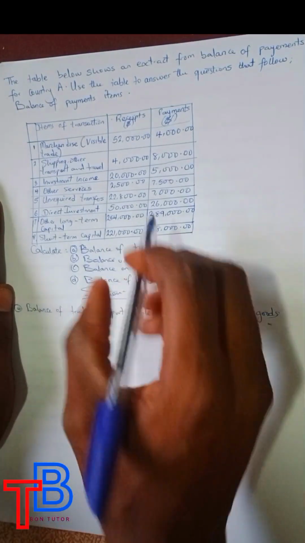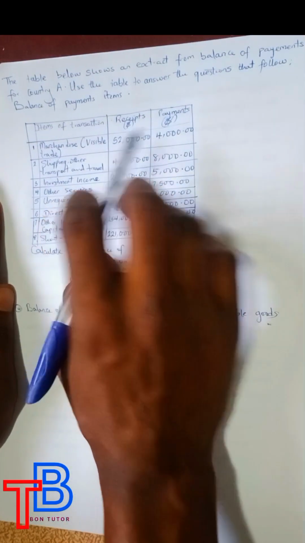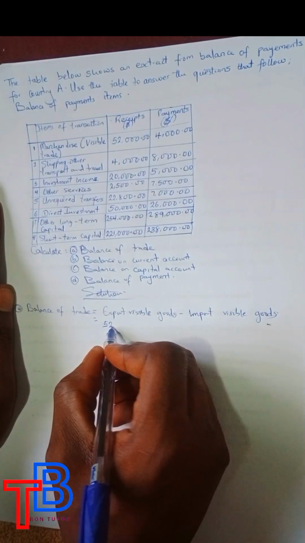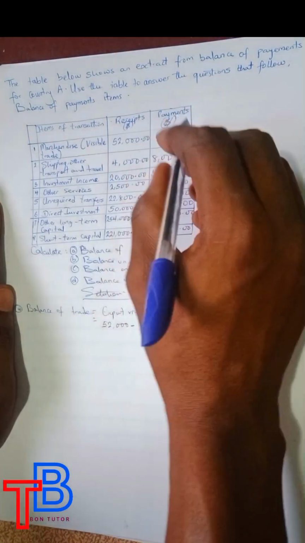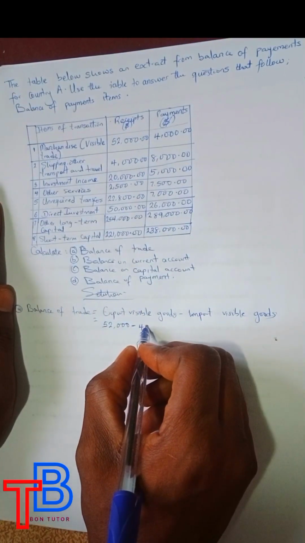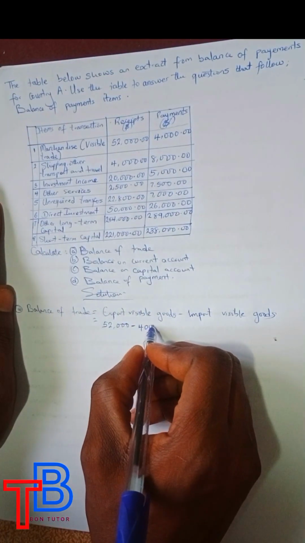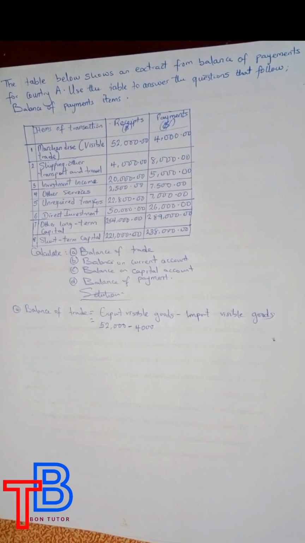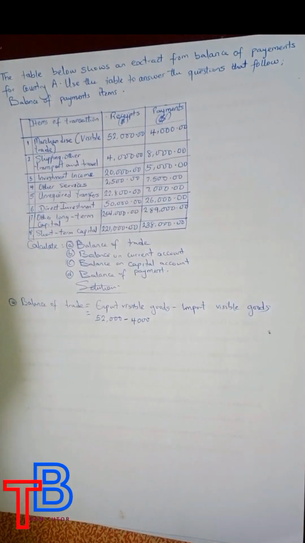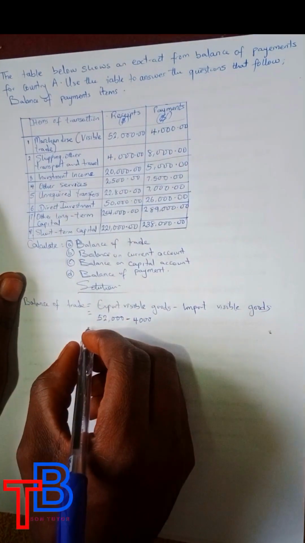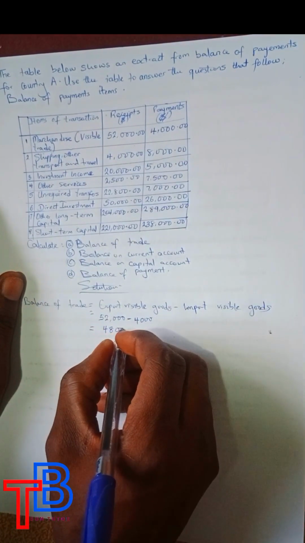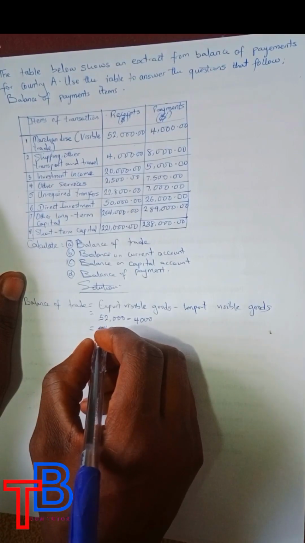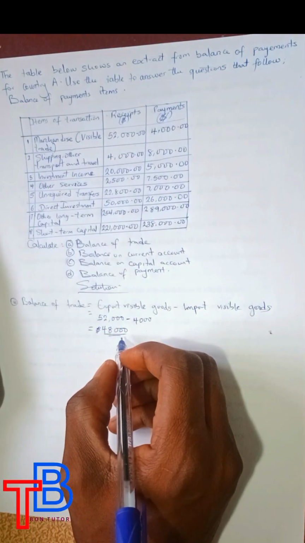So that means you will be subtracting, this 52,000, which is the money for the export, minus the money you paid for the import, which is 4,000. So you have 52,000 minus 4,000. So your answer is 48,000, and in dollars that will be your balance of trade.